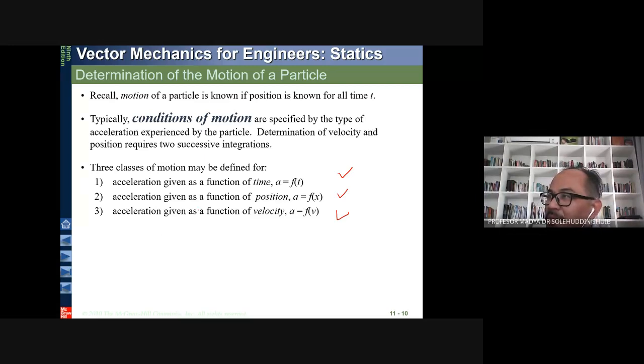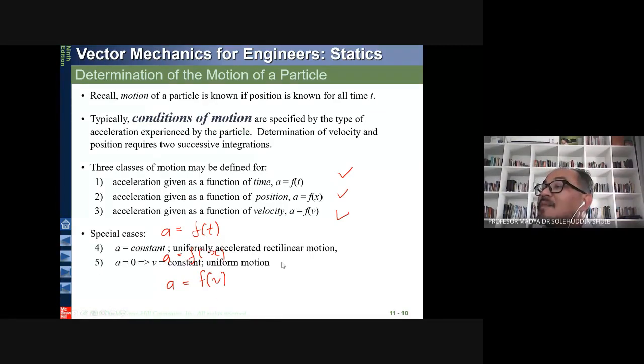The first one, acceleration as a function of time, then number two, acceleration as a function of position, and then the third one is acceleration as a function of velocity. It depends on what type of question we are dealing with. And we also have a special case.